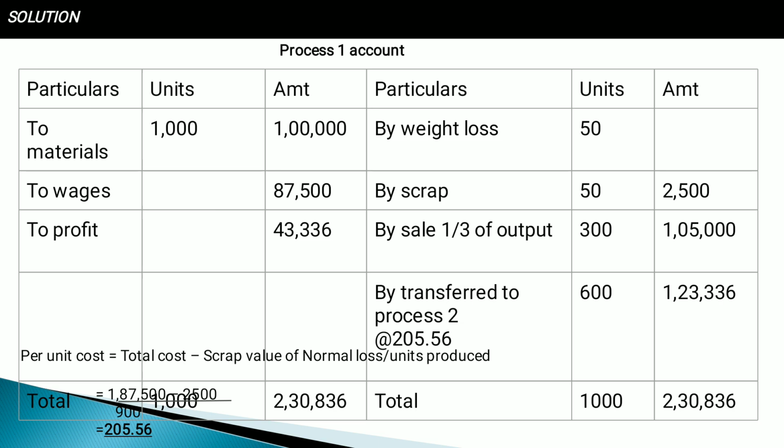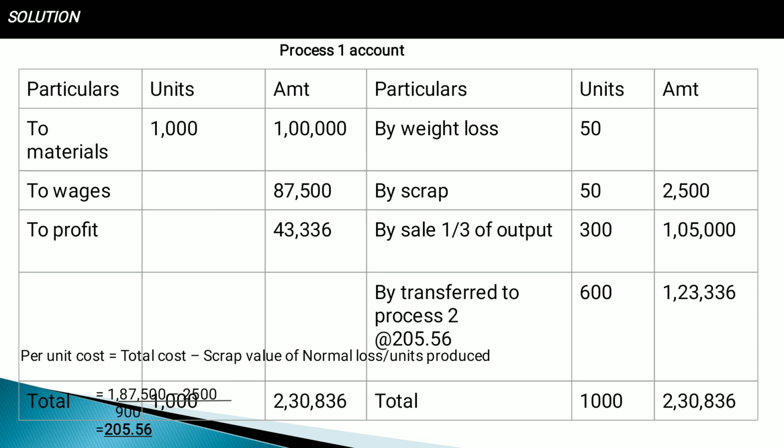For that there is a formula: we should find out the per unit cost, and only then can we transfer to process 2. So the total cost minus the scrap value of normal loss, divided by the units produced. The total is 1,87,500 minus 2,500 divided by 900.